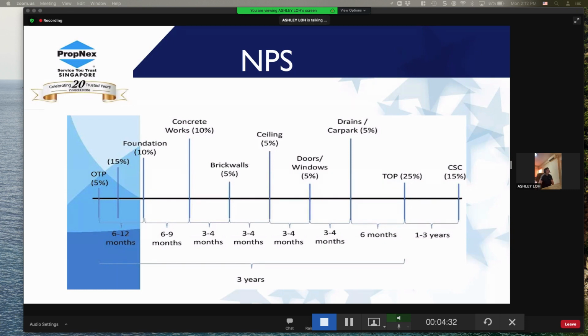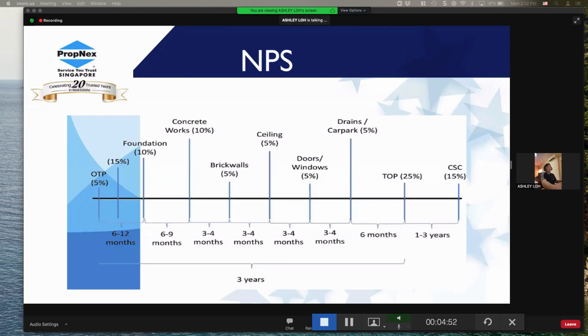So only half of foundation will be the down payment. So it'll be OTP 5%, SMP 15%, and half of foundation 5%, giving you a total of 25% plus buyer stamp duty and your legal fees. Then the rest will be your loan kicking in, if your client can get the full loan.